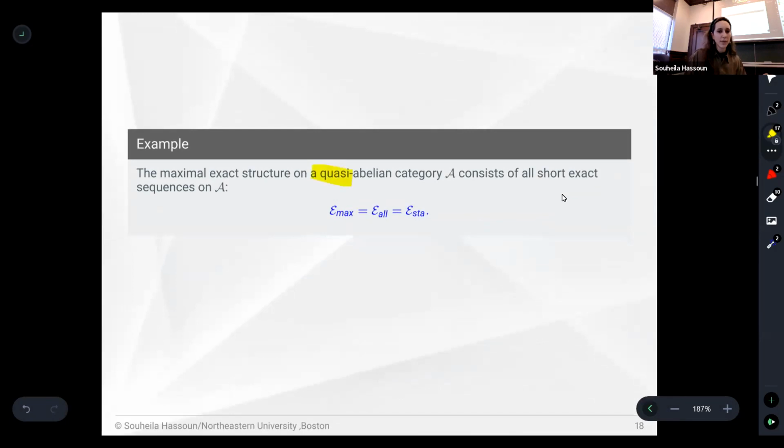So if we take a quasi-abelian category, then the stable short exact sequences will form an exact structure. Not just on quasi-abelian: even if we take weakly idempotent complete, they will satisfy the axioms and form an exact structure. But in the quasi-abelian case, all the short exact sequences are stable by definition, and so it's the biggest one.